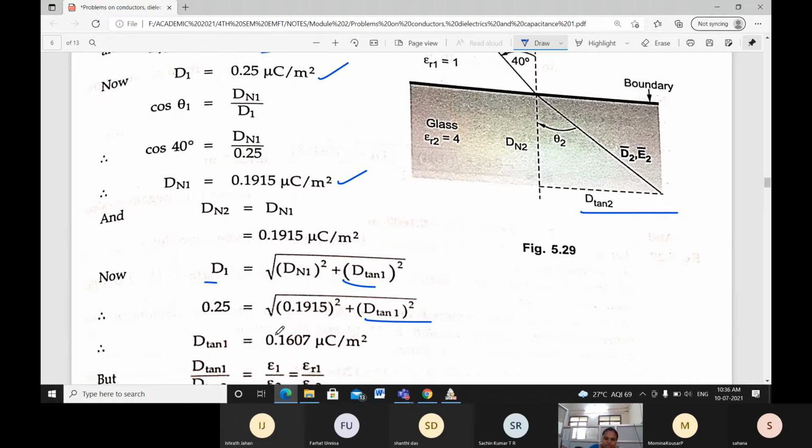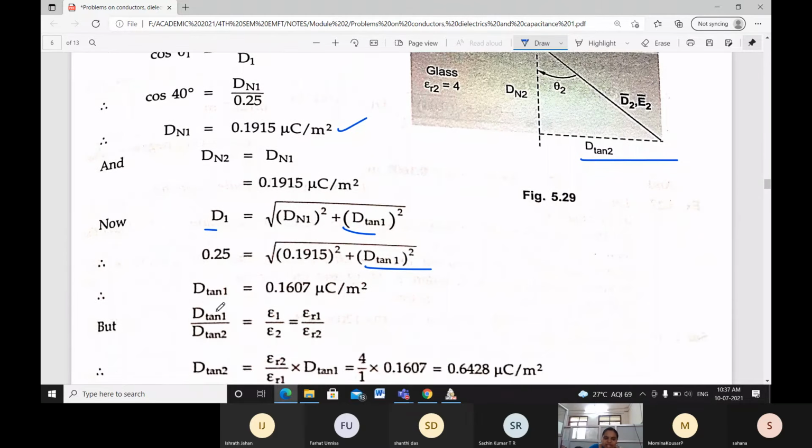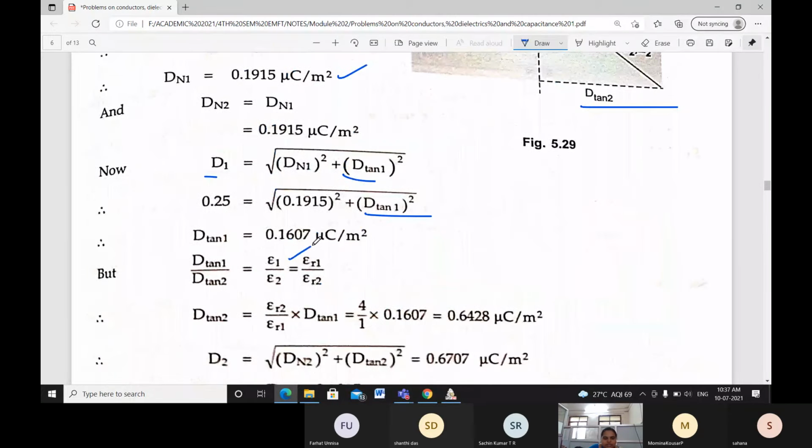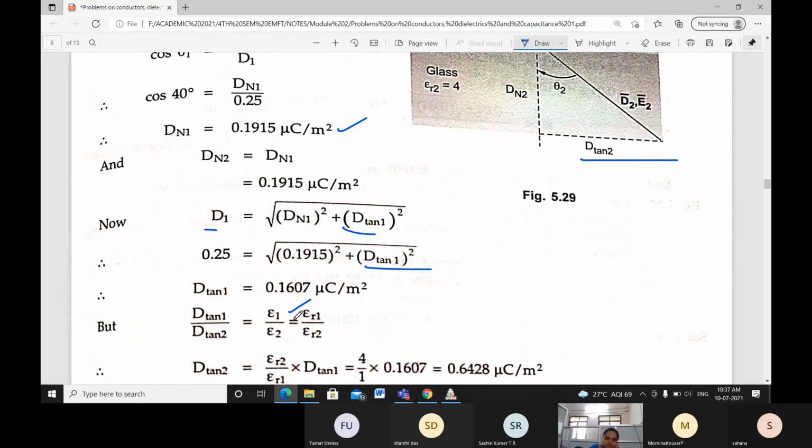Therefore, d tan 1 is 0.1607 microcoulombs per meter square. Then d tan 1 divided by d tan 2 is what? Observe that the flux density is different and the field intensity is different, so it is epsilon R1 divided by epsilon R2 for the different mediums.